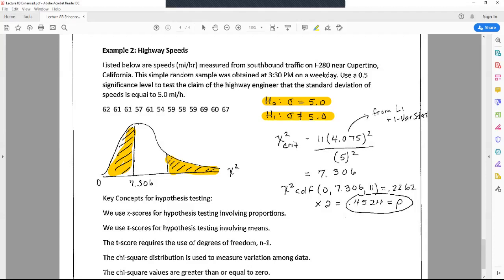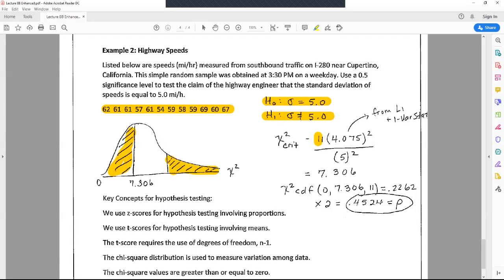As before, we have to calculate the critical value for chi-square. We have 1, 2, 3, 4, 5, 6, 7, 8, 9, 10, 11, 12 data values. So the degrees of freedom would be 11.